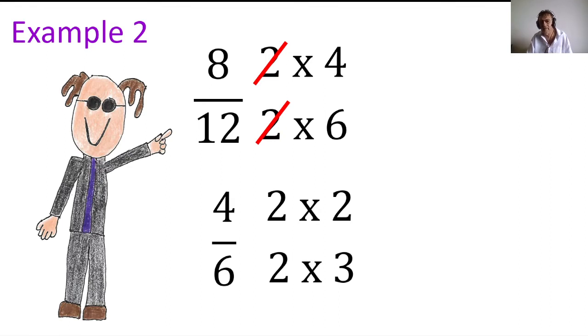Any common factors? Any numbers the same? Yes, of course. We've got 2 and 2. So we cancel those, and it leaves us with 2 over 3, 2/3. 2/3 is the answer. So 8 twelfths can be rewritten as 2/3. Got it? Yes?